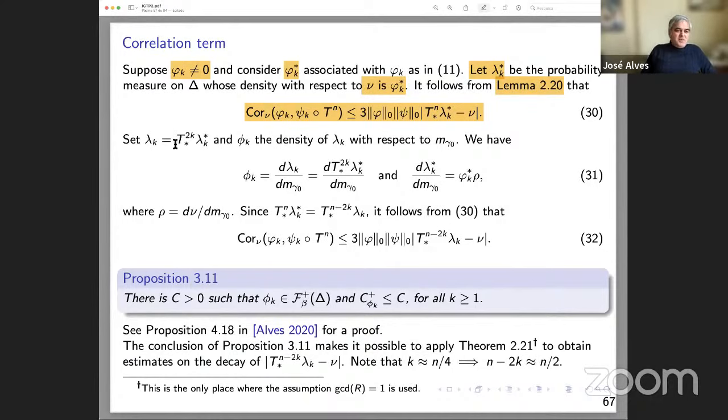For that, we are going to iterate under the tower system 2k times. The idea is that, as for uniformly hyperbolic dynamics, iterating densities, as with transfer operators, provided they lie in the good spaces, they become more regular.